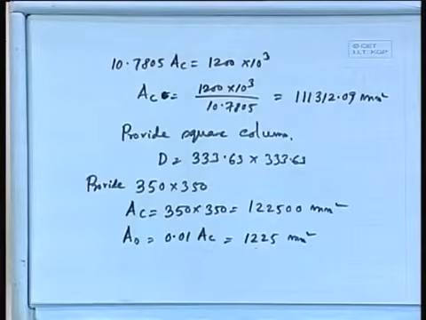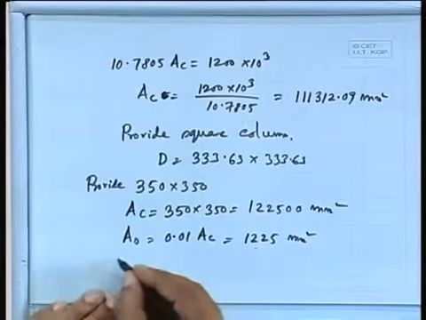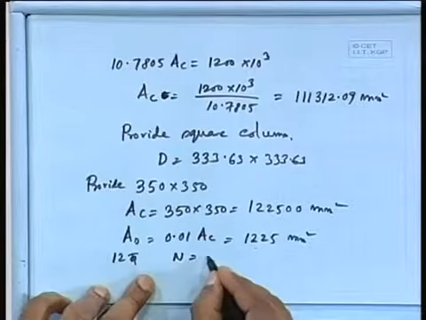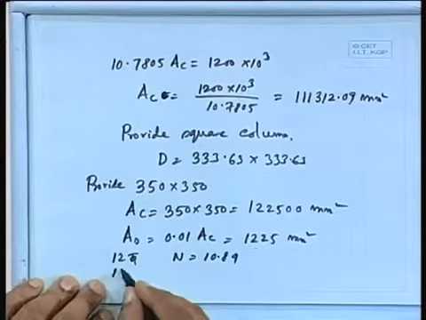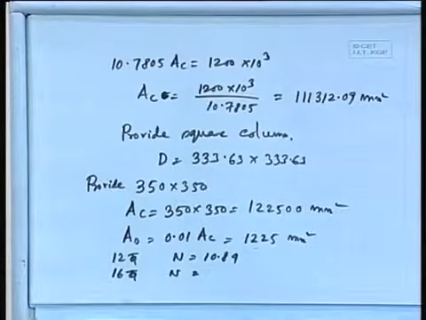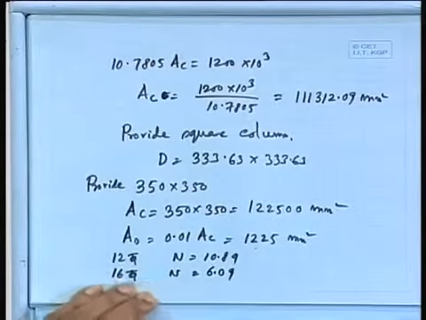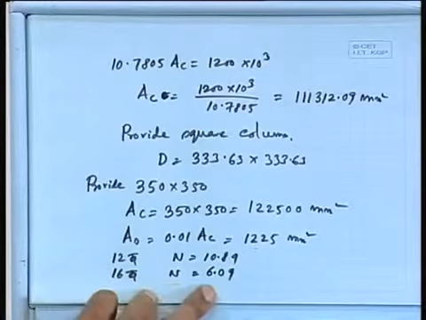If we use, say, 12 torr, the number is 10.84. If you use 16 torr, the number is 6.09. 12 torr 10.84, 16 torr 6.09.